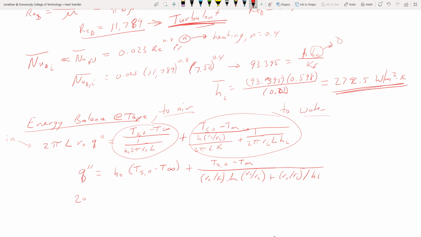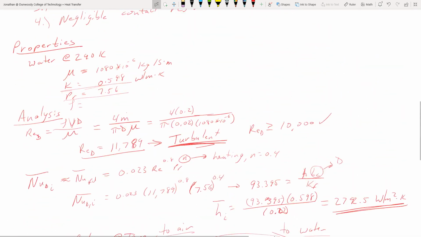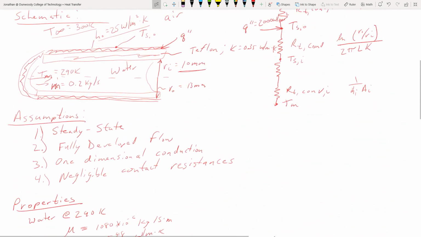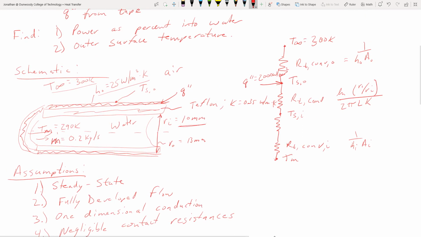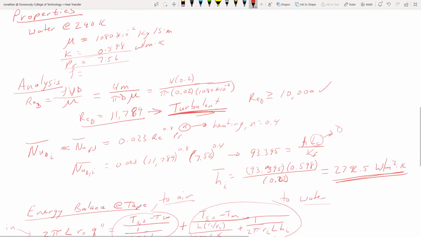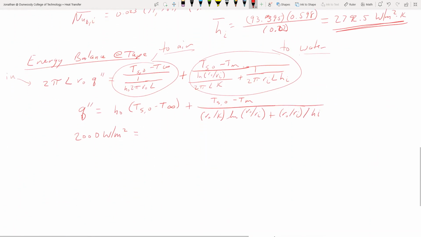We get 2,000 watts per meter squared. HO, let's see what we have back there. That was 25, is that right? Yep, we had 25 for HO. We don't know TSO, so we're going to solve for that here first.